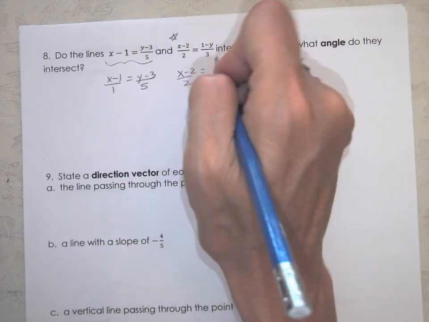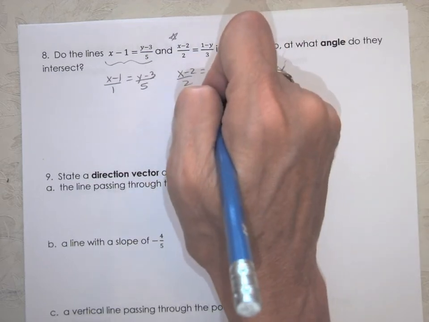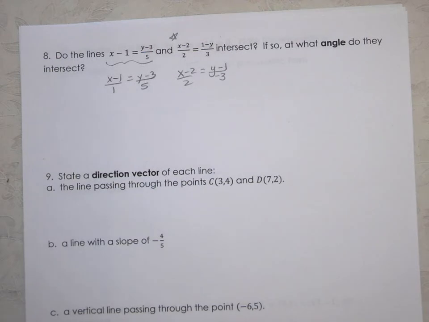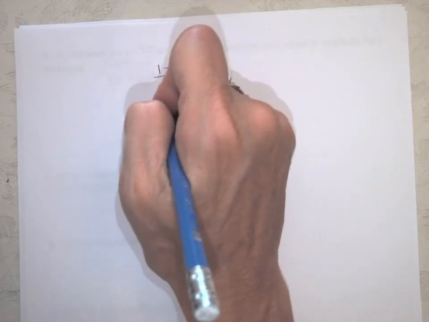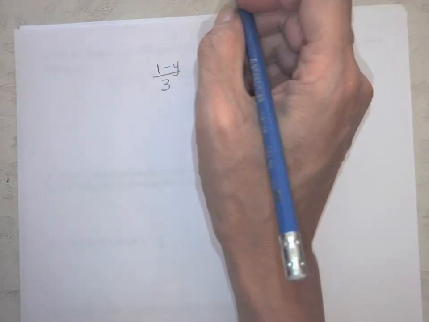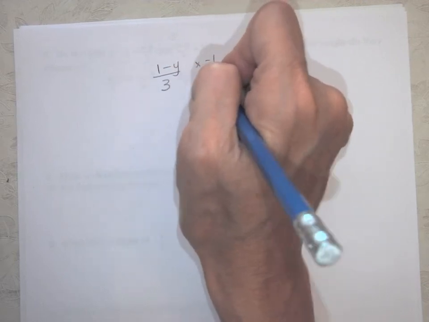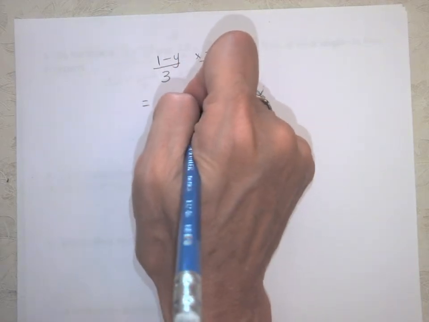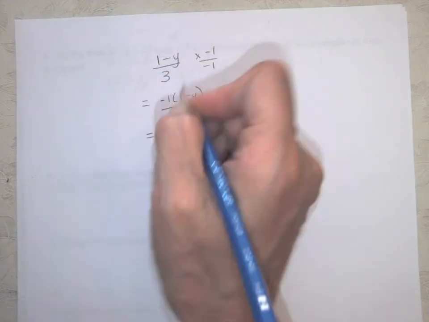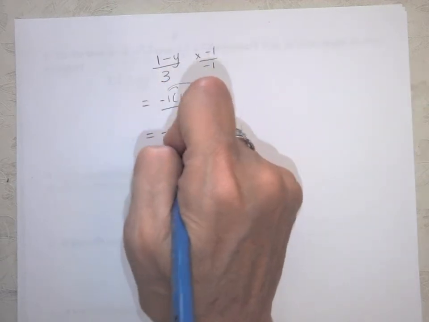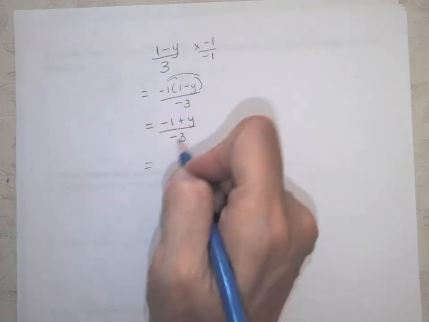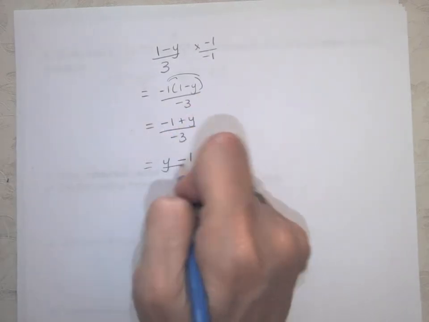So in order to change that, we have to multiply the top and bottom by -1. So it's going to be y minus 1 over -3. Okay, and we'll just kind of show that on the side here. So if I have 1 minus y over 3, if I multiply the top by -1 and the bottom by -1, I'm going to get -1 times 1 minus y over -3, distribute the -1, and then I can rewrite that with the y first, so positive y minus 1 over -3.